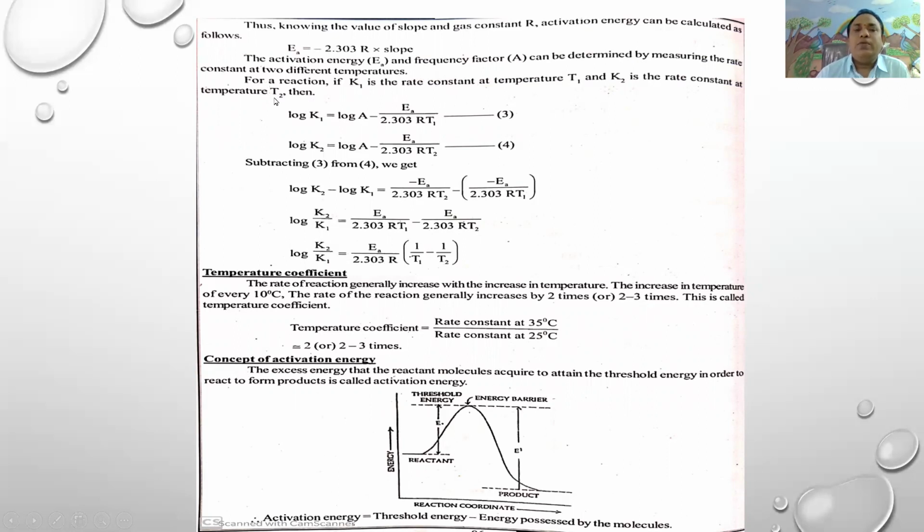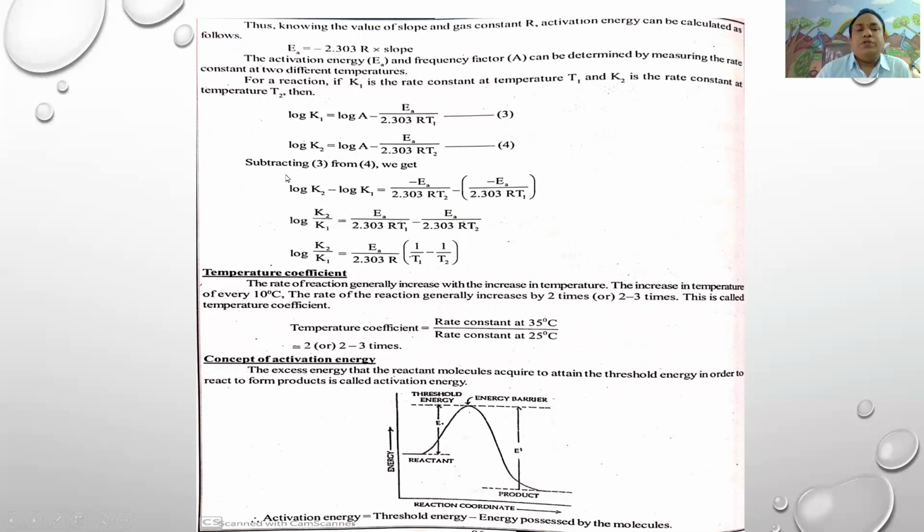For example, at T1 degrees centigrade, rate constant K1, log K1 equal to log A minus Ea by 2.303 RT1, equation number 3. Similarly, at T2 degrees centigrade, rate constant is K2. Therefore, log K2 equal to log A minus Ea by 2.303 RT2, equation number 4.